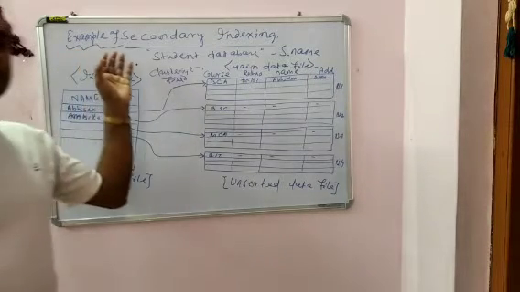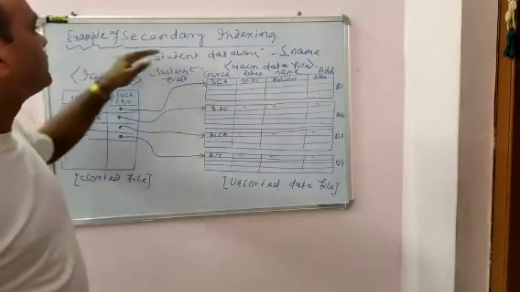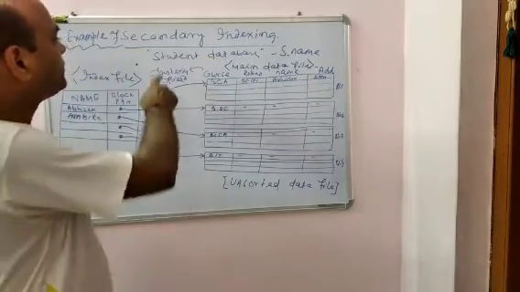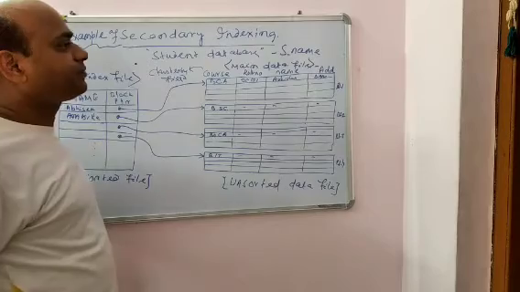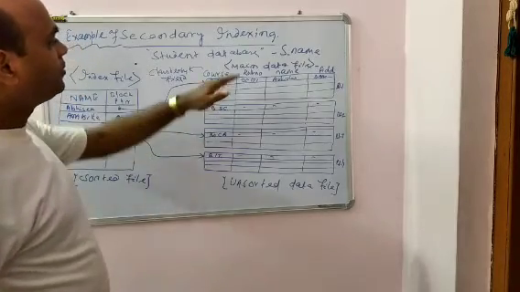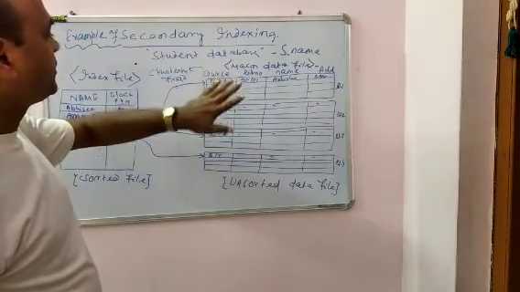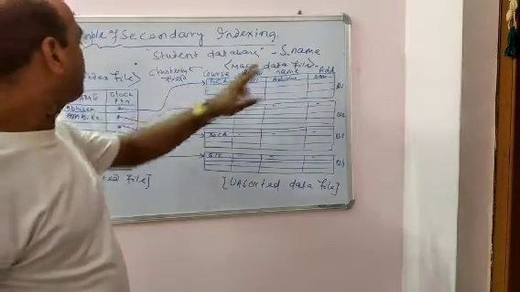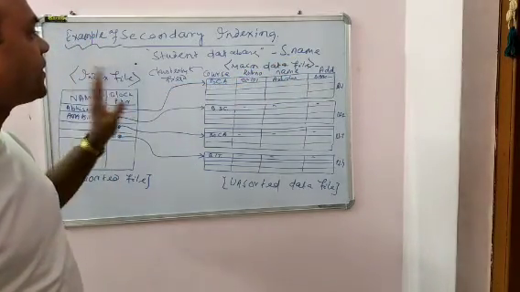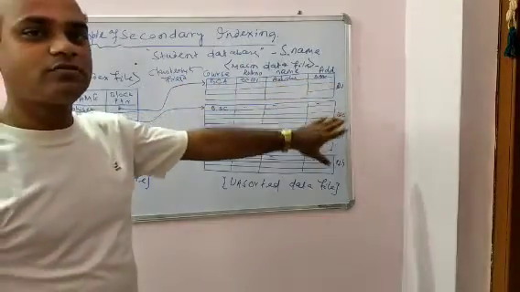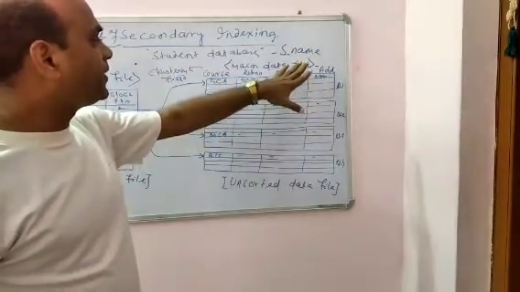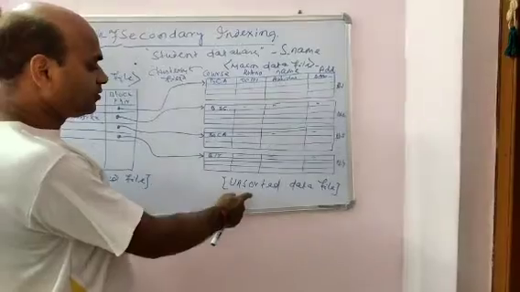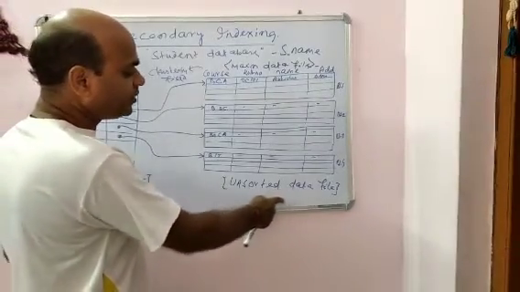For example, for secondary indexing, we may consider a student database. Here in the student database, the student name is considered for the index file, and the records in the main data file are not required to be sorted.